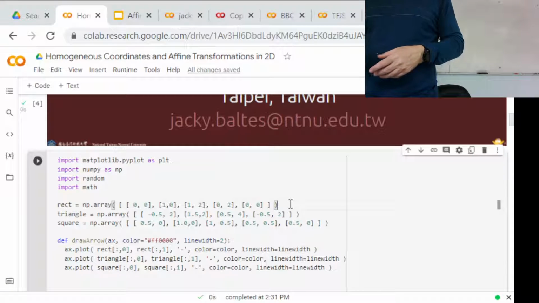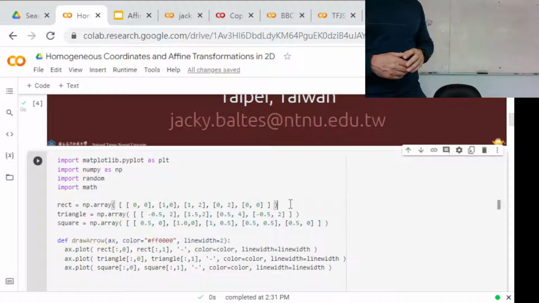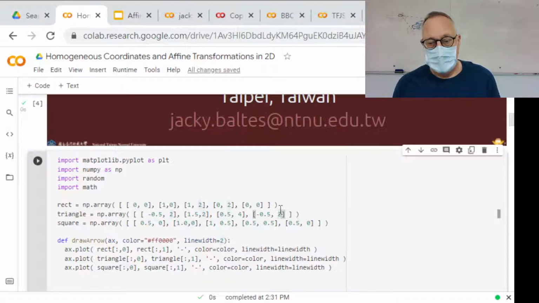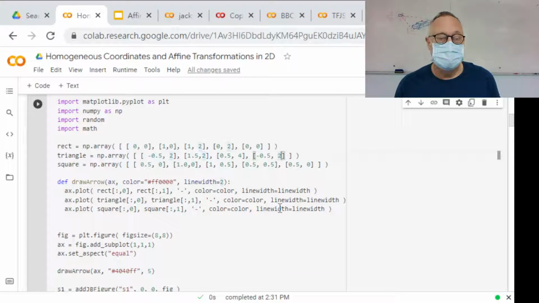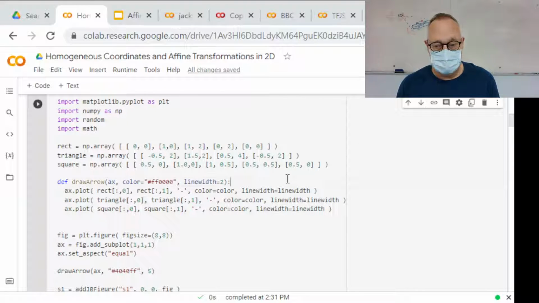Right? This would be a right-handed coordinate system, so we don't have two right hands or two left hands. It's very easy to get confused. So I like to do drawings, and one of the useful things to do then is to actually draw arrows and also draw the coordinate system.